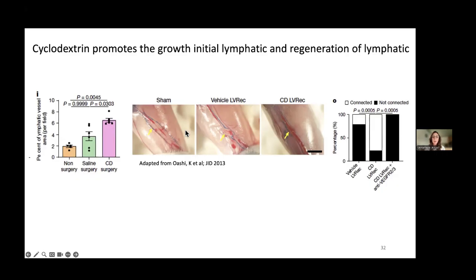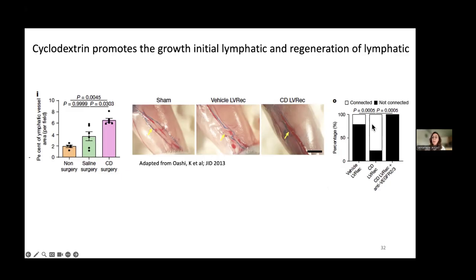In this model, we resect a small section of the lymphatics, and over time, the lymphatics will reconnect. Here we have a group that was treated with vehicle and another group treated with cyclodextrin. We can see that with cyclodextrin, we significantly enhance the percentage of reconnection of these lymphatics, suggesting that it helped to regenerate lymphatics.